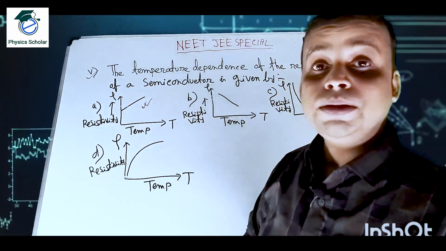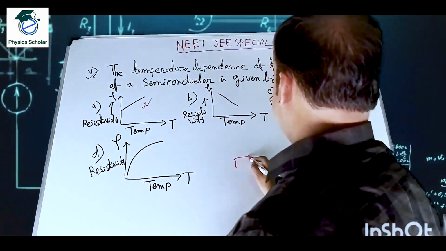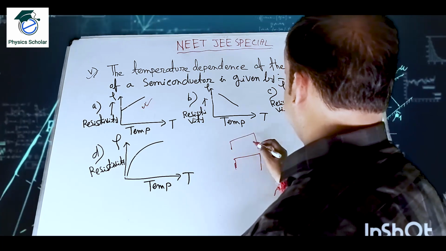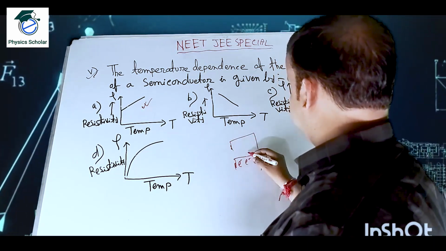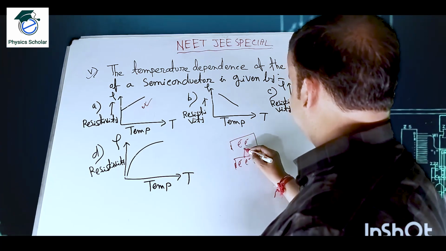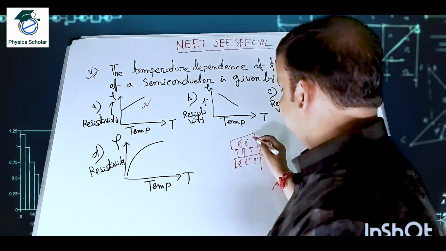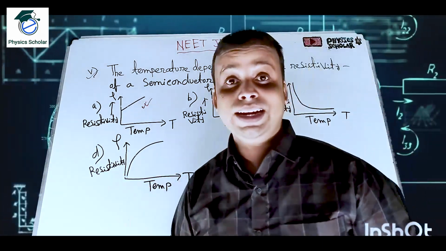But in case of the semiconductor, what we know is there is a small gap between the valence band and the conduction band. So if we increase the temperature, some electrons from the valence band will come to the conduction band, and these are free electrons, and they can conduct current.